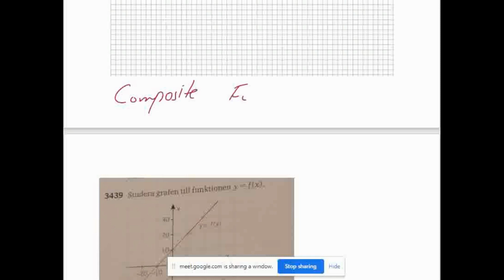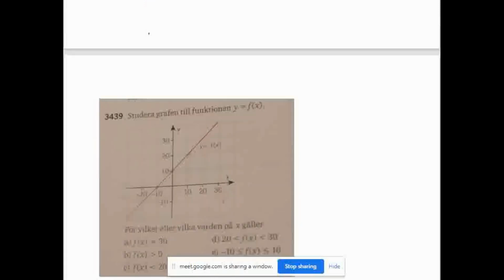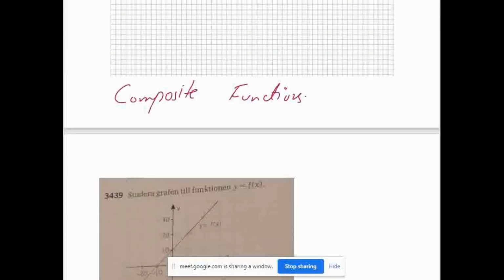Okay, I think that's it for today. The reason is that from here onwards we will have different types of questions. I want you to focus on composite functions only for today. Okay.